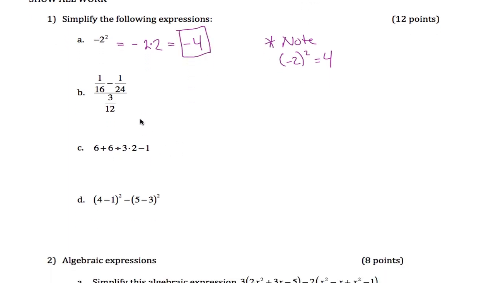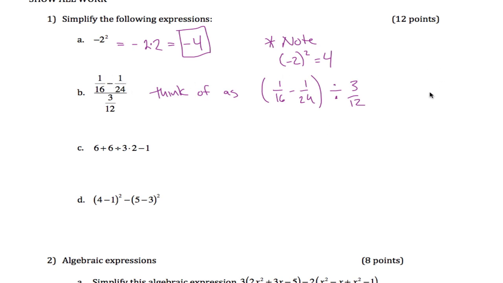Okay? Fractions inside fractions. This one kind of looks confusing, but what our trick will be is to think about this like parentheses. So think of it as 1/16 minus 1/24 in parentheses divided by 3/12. And that'll really emphasize that you're supposed to do the subtraction first.